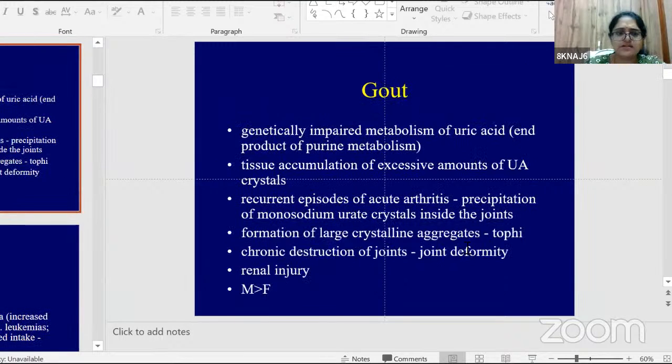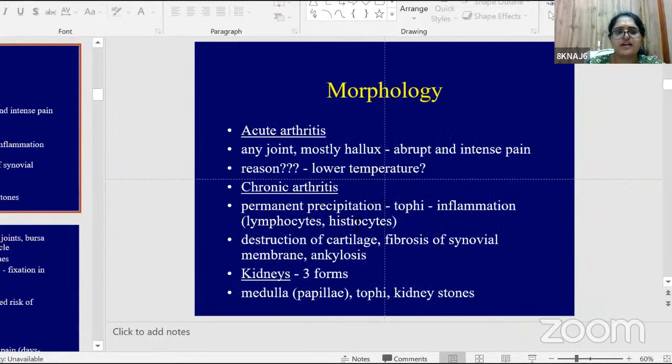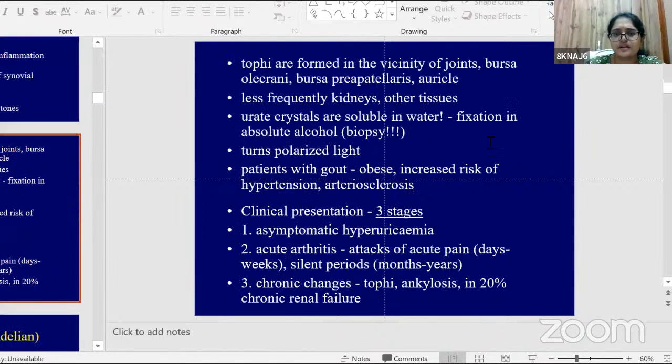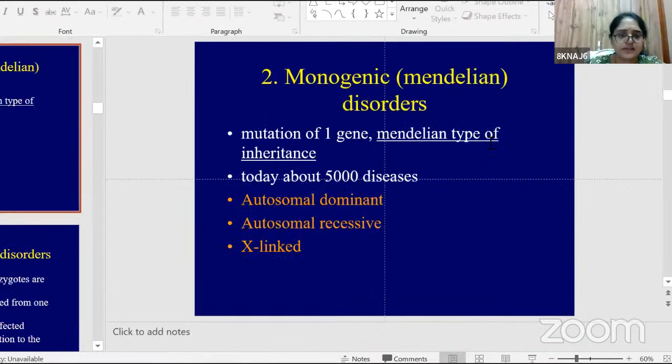They have given examples regarding gout, primary, secondary, morphology of arthritis. So I'm not going to go into these details. Right now, let us just get into the monogenic Mendelian disorders, that is the single gene disorders, or the mutation of only one gene. So this is a Mendelian type of inheritance.